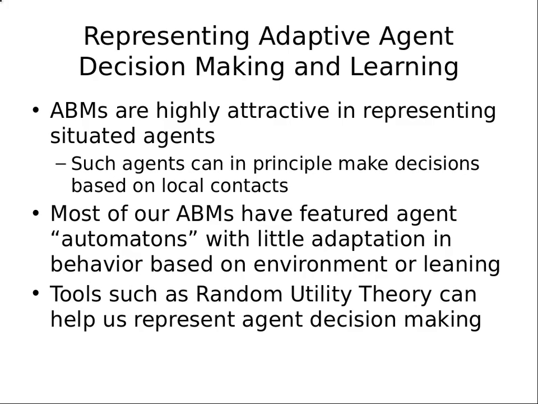In other cases, a little bit more adaptive, they make use of some simple algorithmic rules, but it has little or no bearing on actual cognitive decision-making. In other cases, yet, we may impose a rational actor model where they try to maximize their utility, but once again, it doesn't reflect how empirically people tend to make decisions.